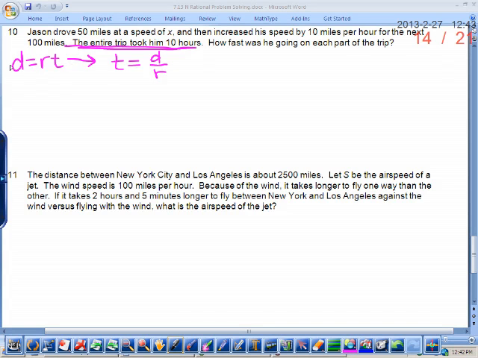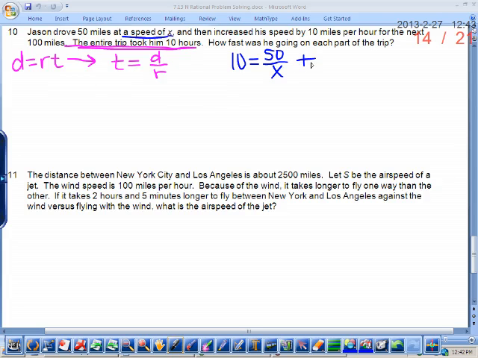The reason being is if I know my total time, what I'm going to want to do is add up the different legs of the trip to equal my total time. So in this example, what is my total time? 10 hours. What's the distance of the first leg of my trip? 50. And what's the rate of the first leg of my trip? x. It tells us that right here.